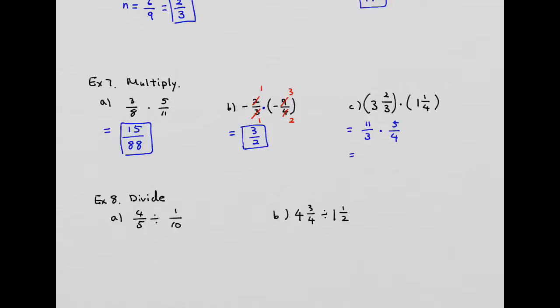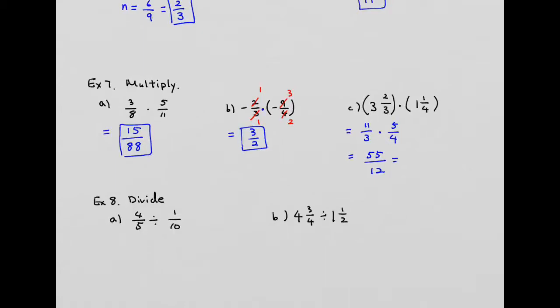And let's see if I have any common factor. No. So then multiply as it is. 11 times 5, 3 times 4. And these are improper fractions. We started with mixed numbers, so for our solution, we want it to be mixed fractions.